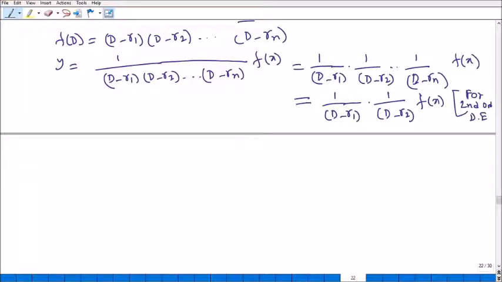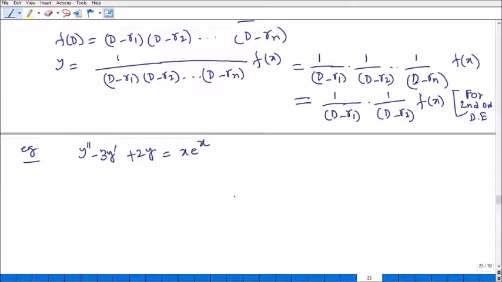Now, let us see an example where we can apply this technique. Suppose we have to find the particular solution of the differential equation y double dash minus 3y dash plus 2y equal to x e to the power x.